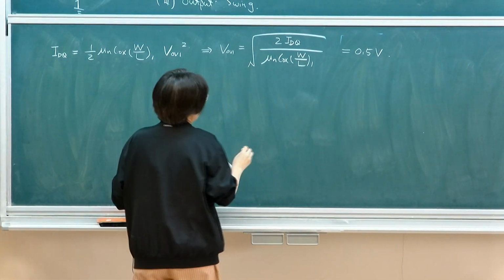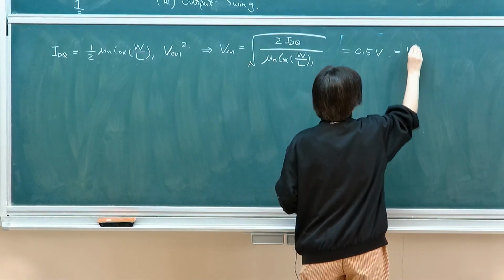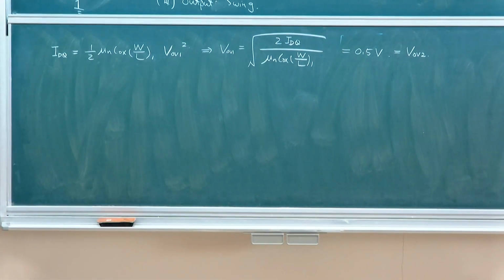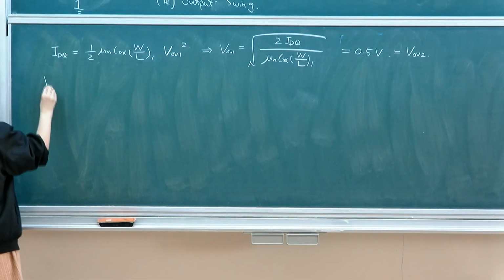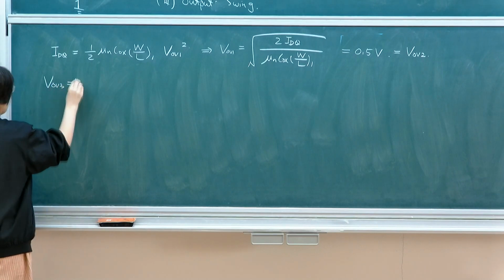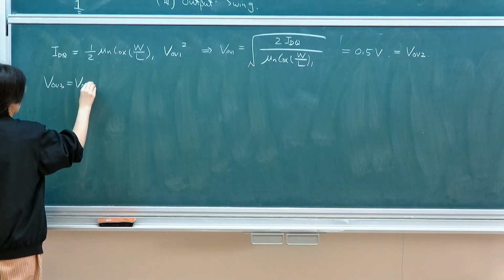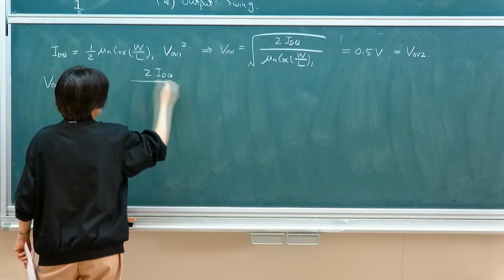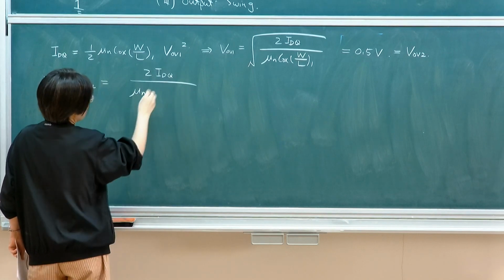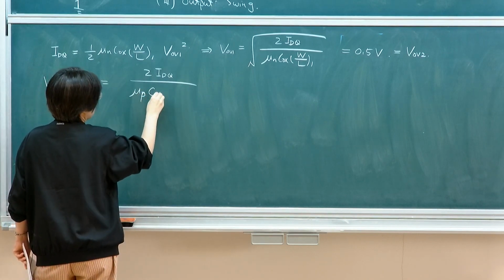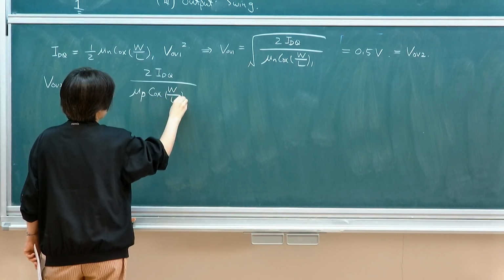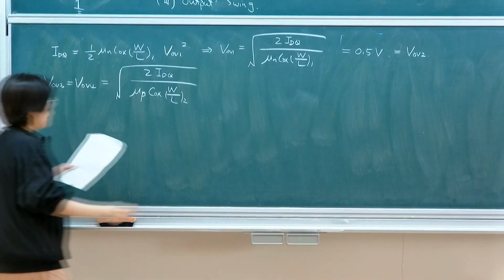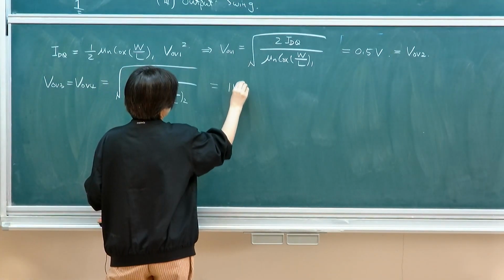You can do the same thing for transistor 2, because it's the same current. So the overdrive for transistor 2 is the same as transistor 1. You can also do the same for 3 and 4, with the same IDQ. The only difference is that instead of mu n, it's mu p Cox W over L2. So you can get that the overdrive is actually 1 volt.